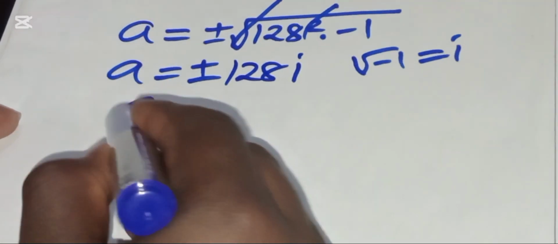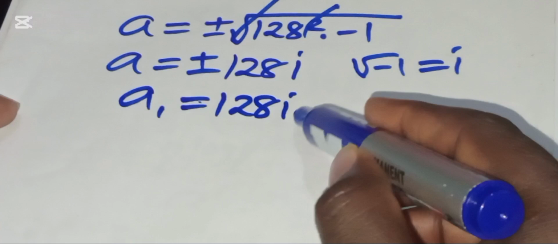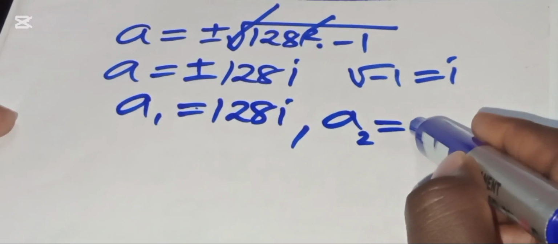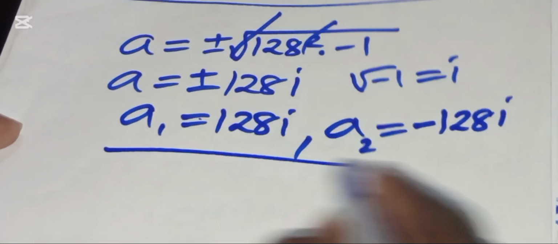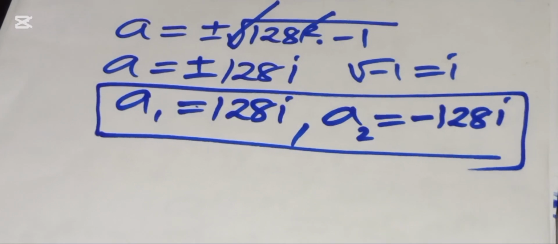So that means a1 is equal to 128i and a2 is equal to negative 128i, and these are the two solutions for this particular math problem.